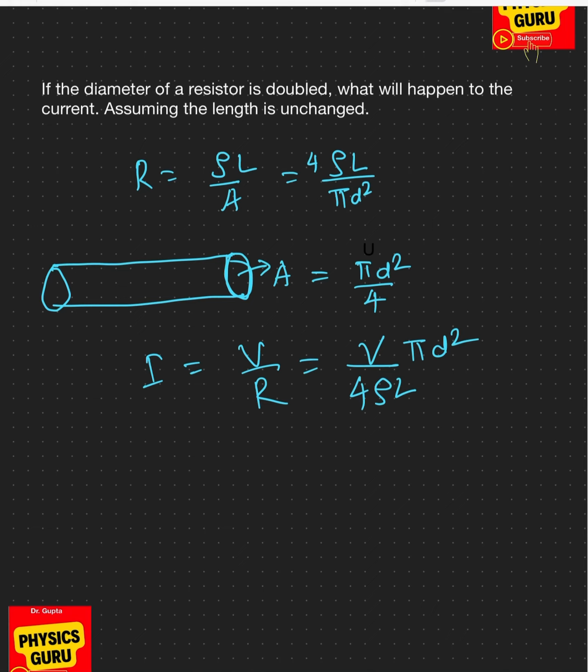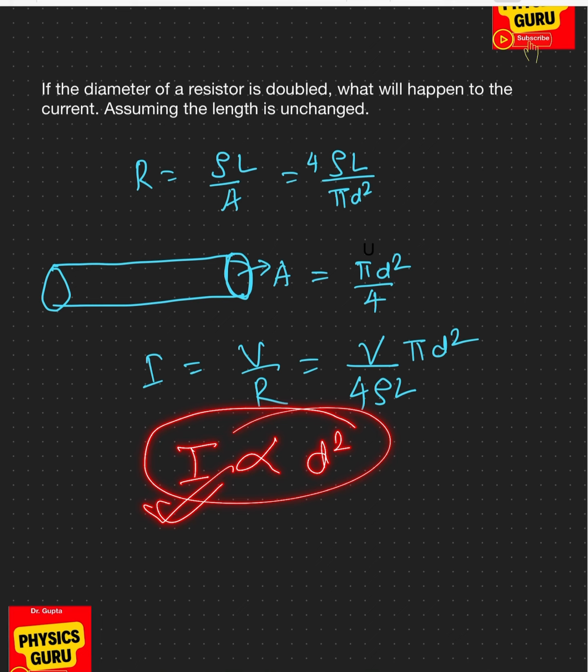If the diameter is double, what happens if you double the diameter while other parameters are constant? If you double the diameter, the current will increase by a factor of 4. Okay, I is directly proportional to d square. So the current will be a square. So now let's say if you double, then the current will go 4 times.